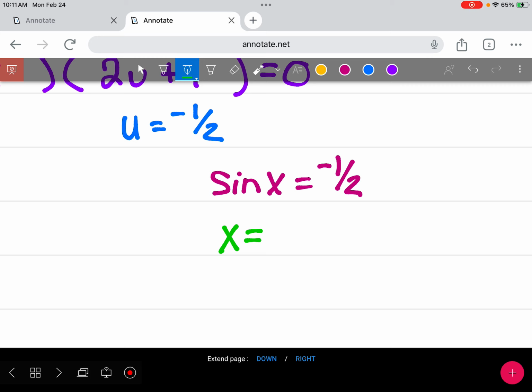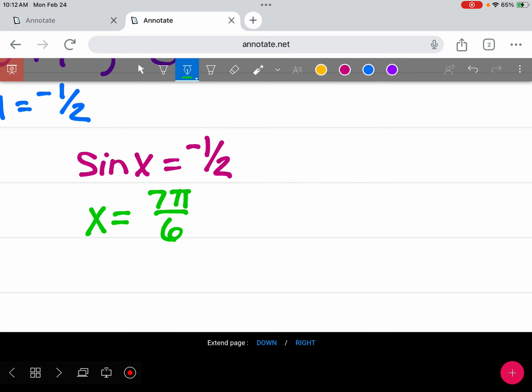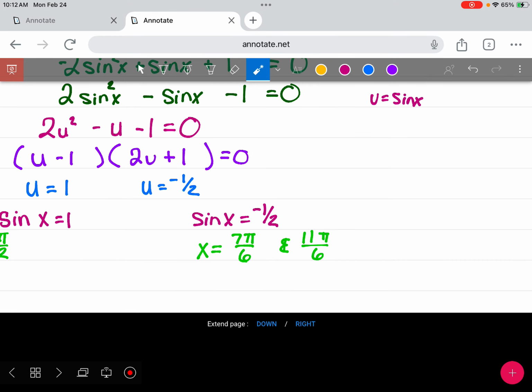Say it louder. 4 pi over 3. That's got a cosine of -1/2. Careful, careful. 7 pi over 6 has a sine of -1/2. And 11 pi over 6. If we were just looking for our values on the unit circle, those would be our guys.